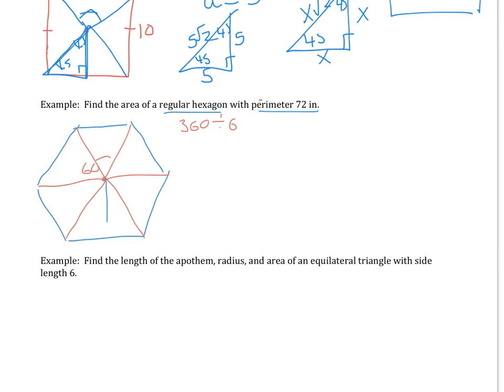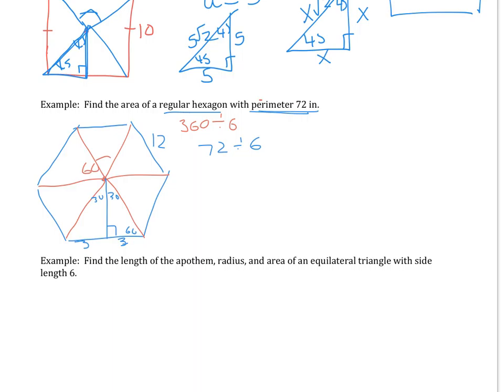So therefore, when I bring down the apothem, each of these gets divided into 30. So that's my 30 degrees, that's my 60 degrees. So it's a perimeter of 72, and there's 6 sides. So each side here is 12. So down here, each of these is 3. So my side opposite 30 is 3.